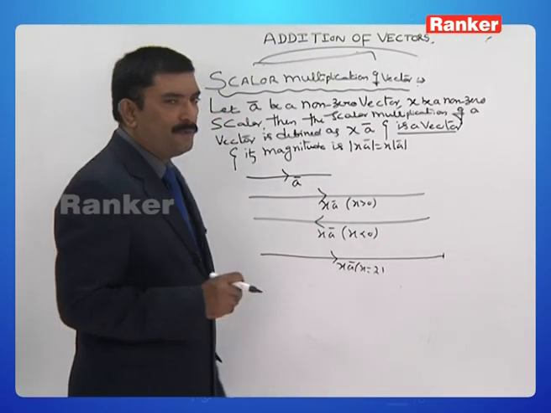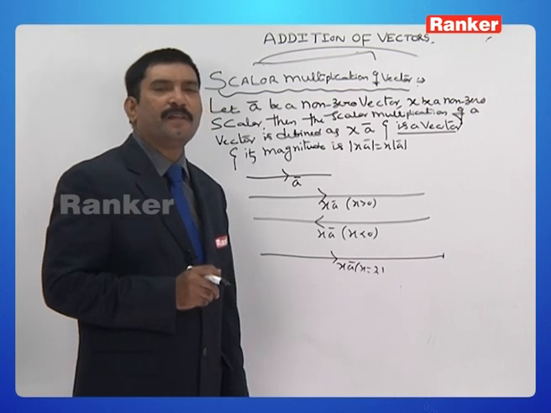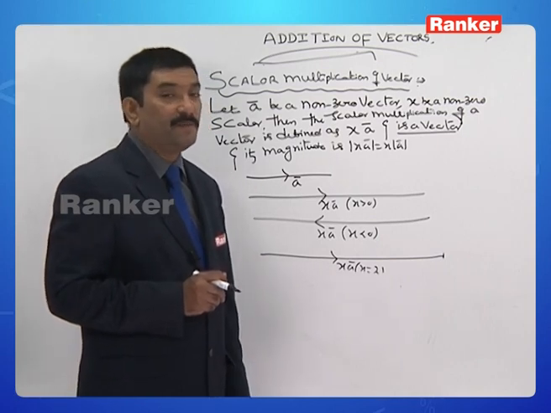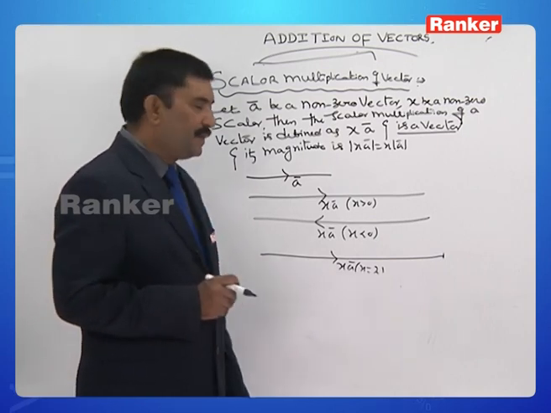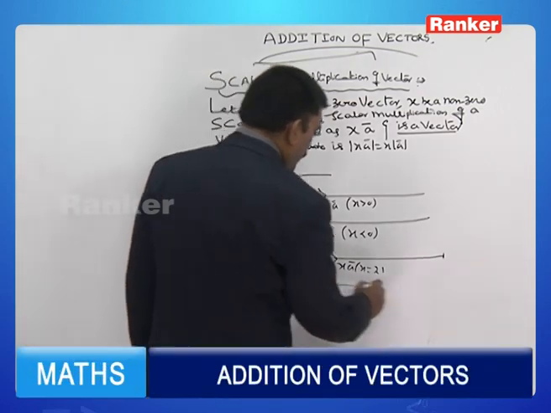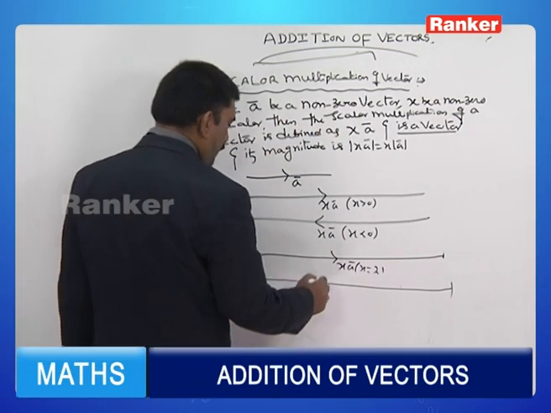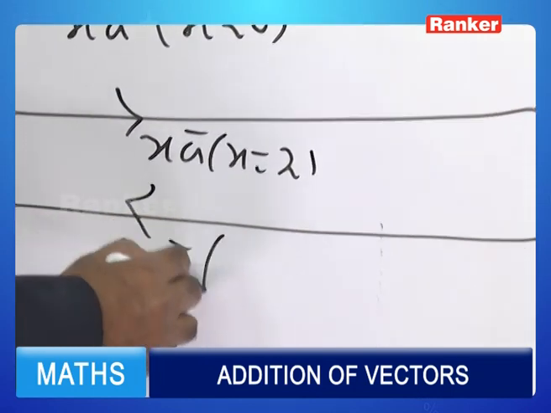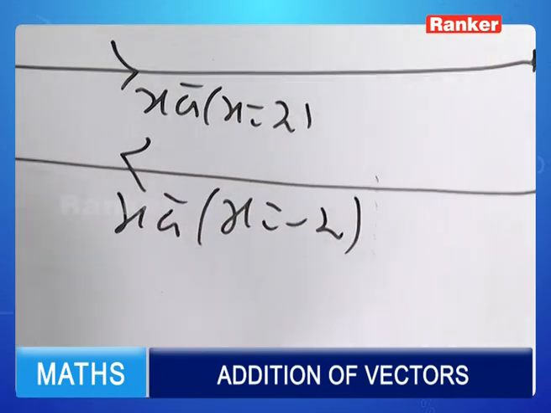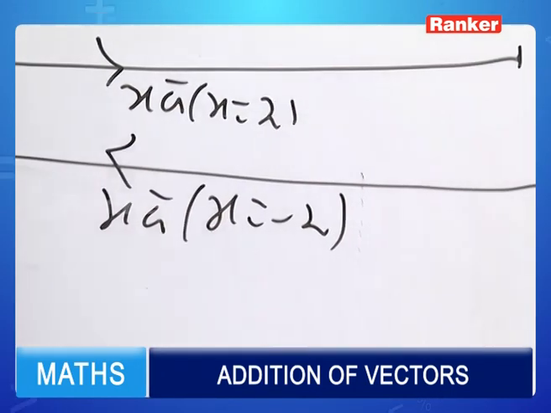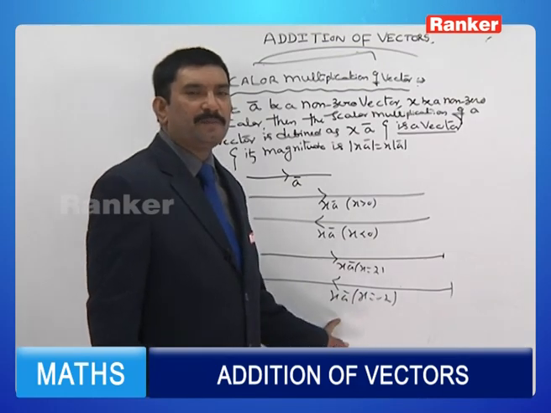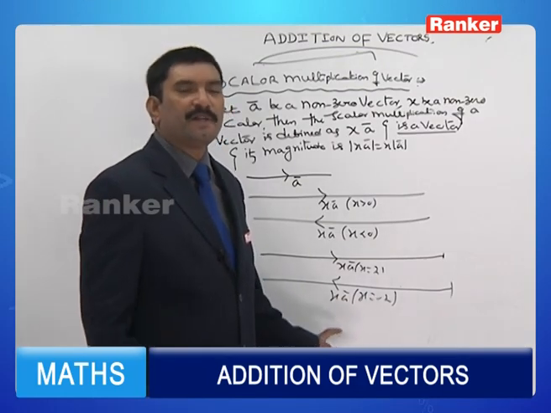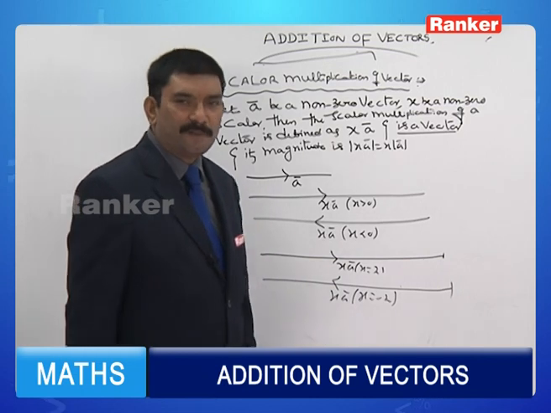Its magnitude has been increased 2 times in the same direction. Now look here, next, I can also write roughly, this is xa bar, where x is equal to minus 2. Now x is negative. Now its magnitude has been increased by 2 times, but opposite direction.